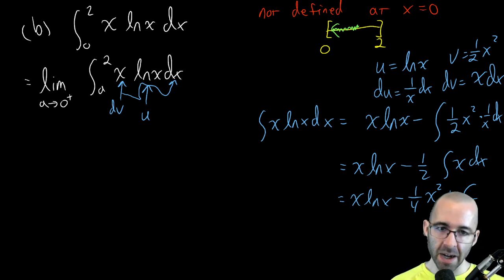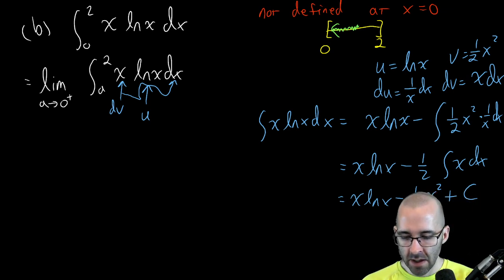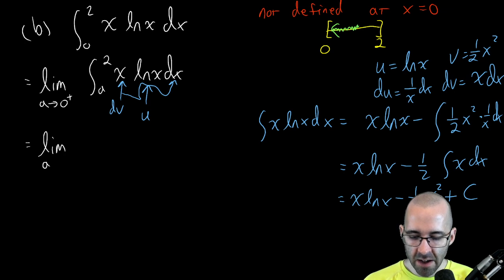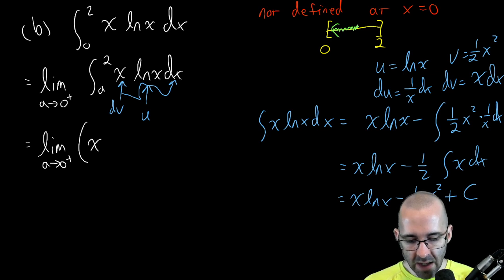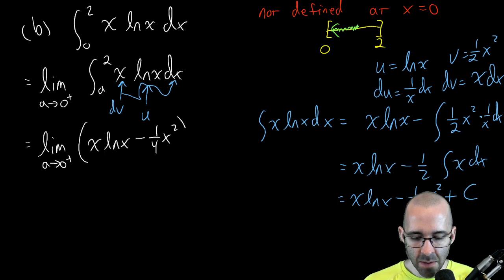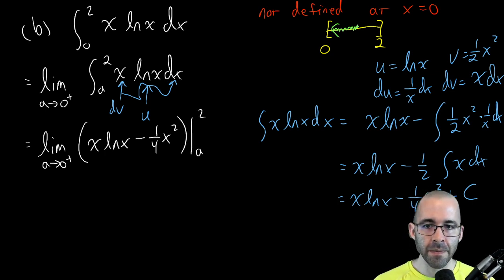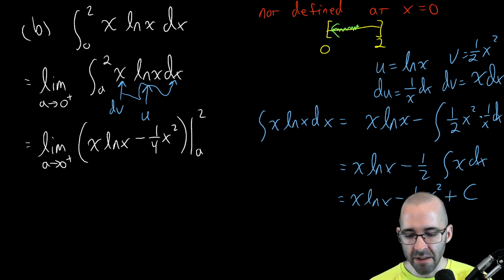Add a power, divide by the power. So this is going to be the limit as a goes to 0 from the right of the integral. We already evaluated the antiderivative, x ln x minus 1/4 x squared. We don't need the plus c. It's a definite integral from a to 2. Plug in 2, plug in a, evaluate the limit.